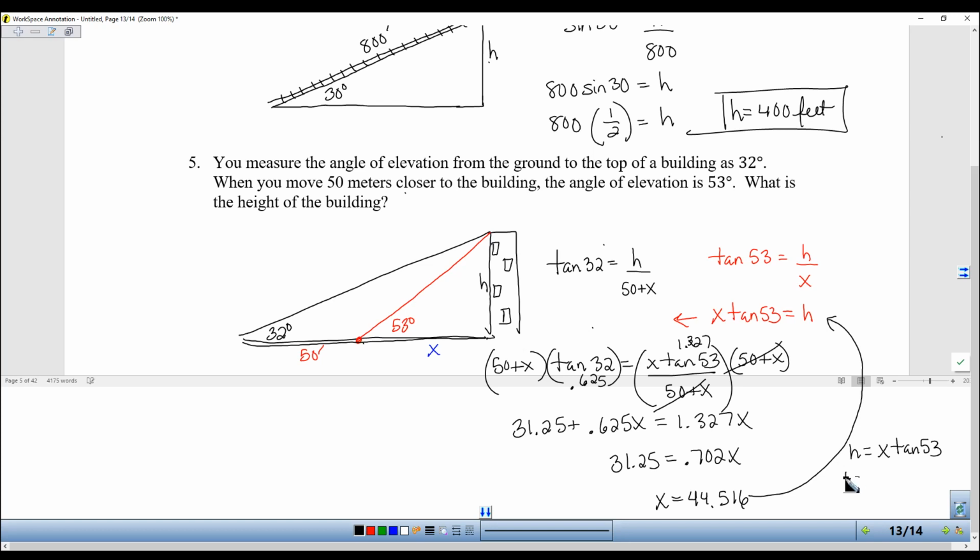And I get h is equal to 074 meters. So that was a tough one, but it was good. It was a little reminder of using substitution and systems of equations.